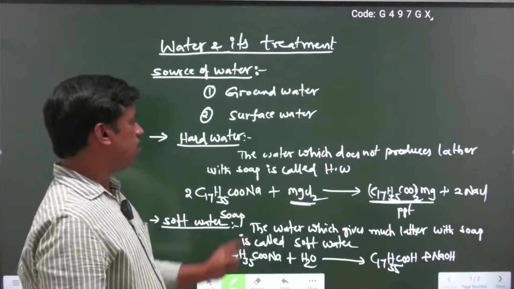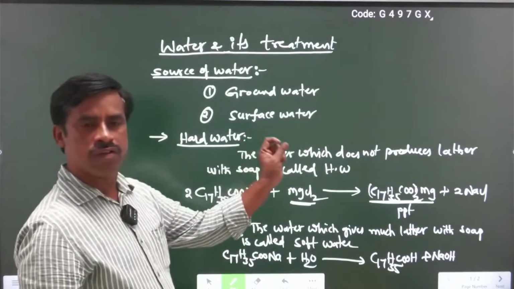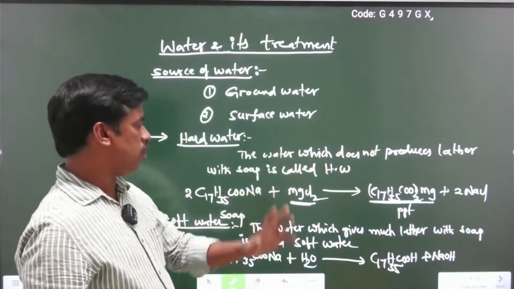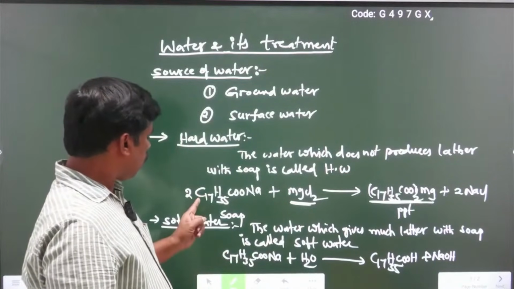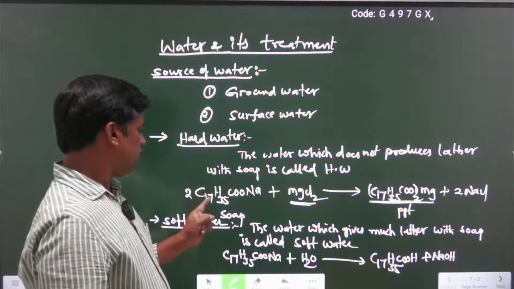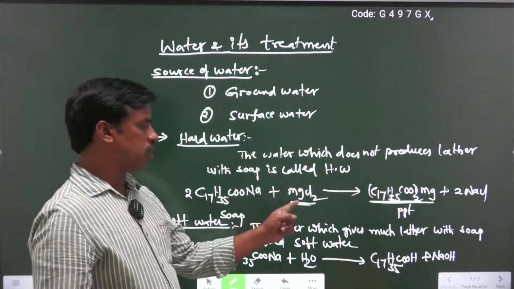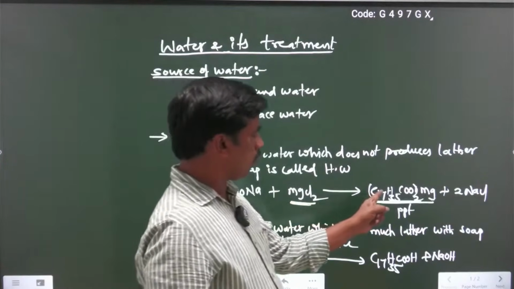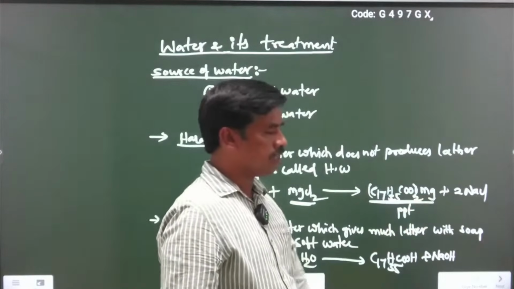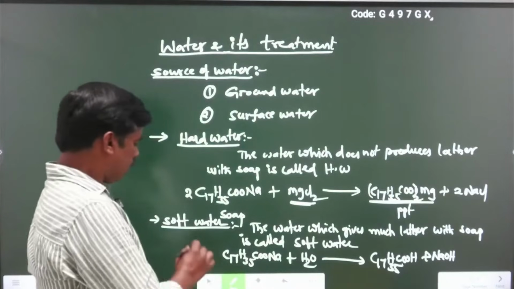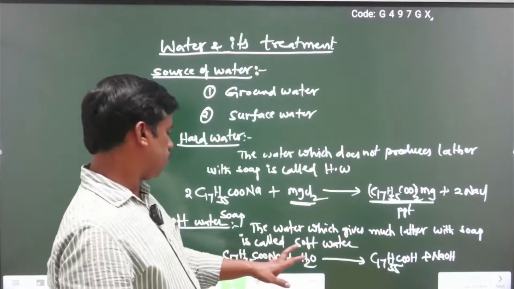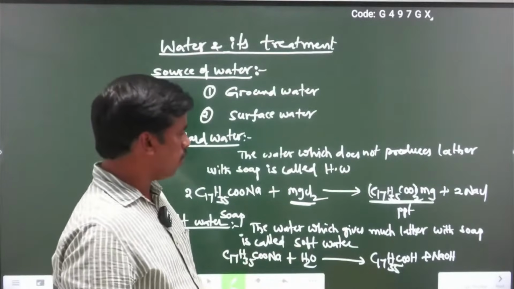Once again, hard water is the water which does not produce lather with soap. In hard water, C17H35COONa reacts with magnesium chloride to give (C17H35COO)2Mg plus 2 NaCl. Soft water is the water which gives much lather with soap, and the soft water reaction is as above.